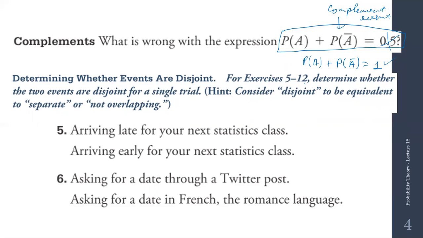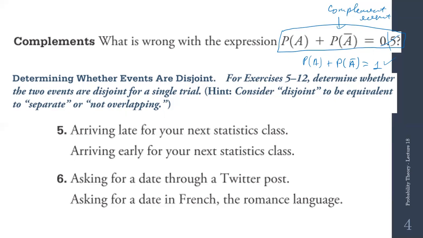The next question says we need to determine whether our events are disjoint. Arriving late for your next statistics class, arriving early for your next statistics class. So late and early. You cannot have both at the same time.